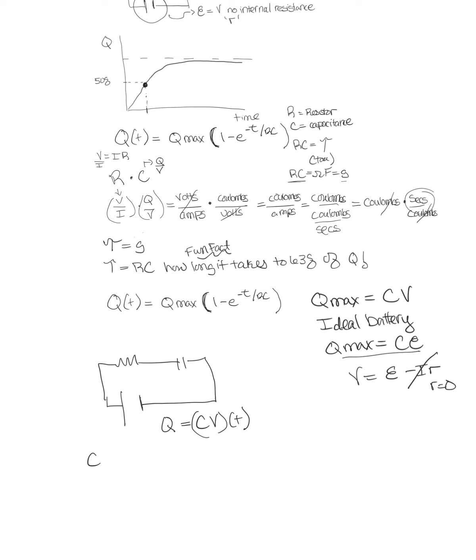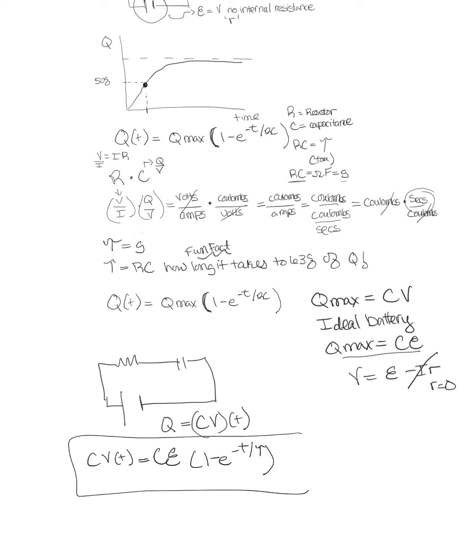Well, because we know Q equals CV, right? So if we have CV times T equals, and this will be for an ideal battery, it'll be CE times 1 minus e to the negative t divided by tau, or RC.